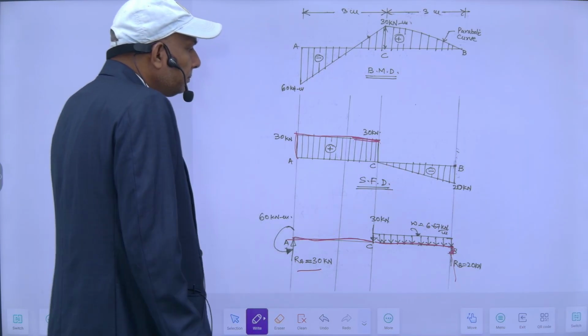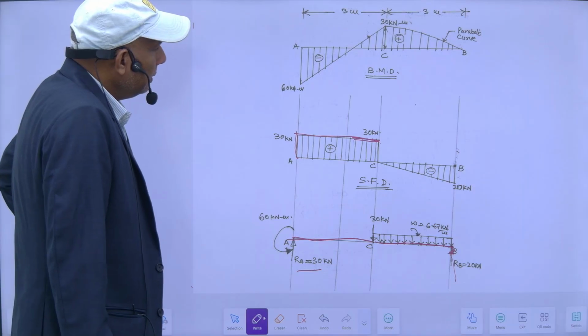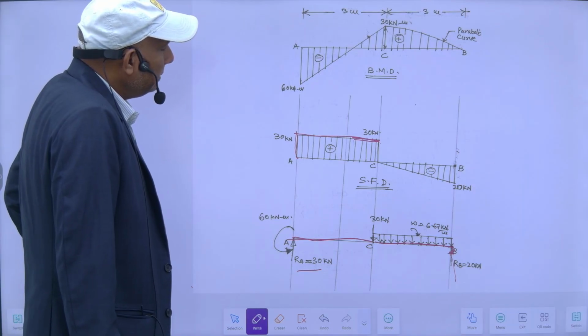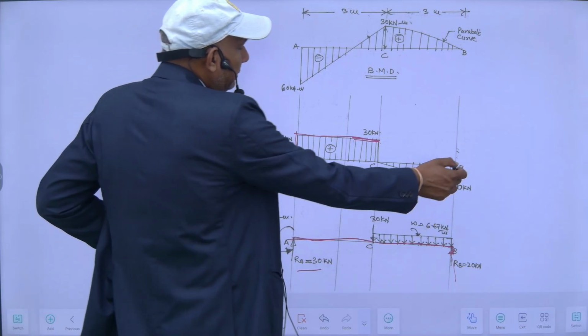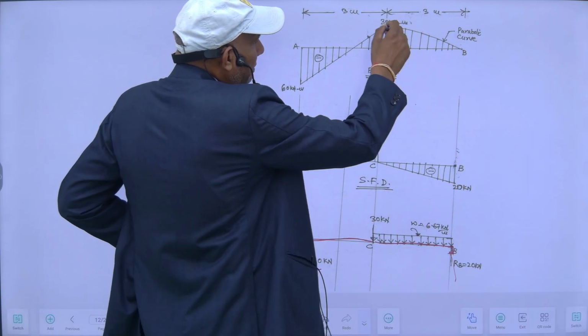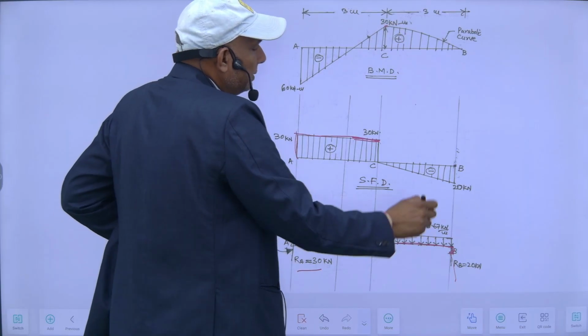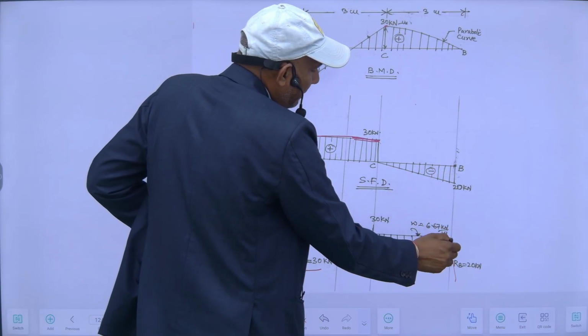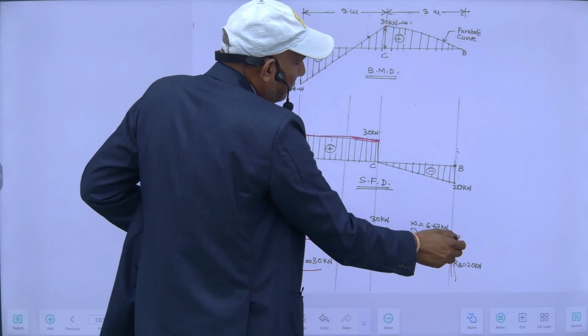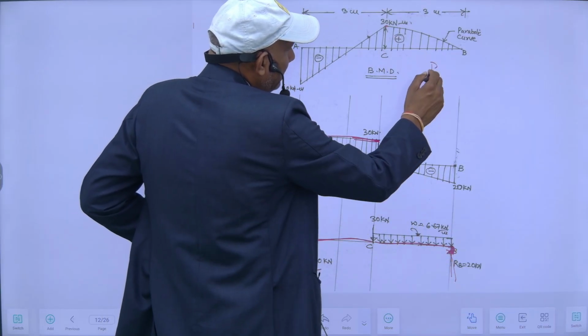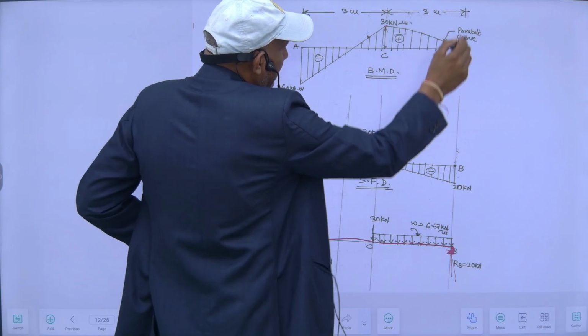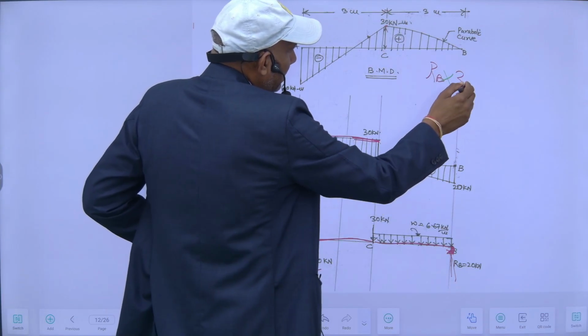And again, if I start from this end and I know the bending moment here is plus 30, there must be some reaction Rb. Taking moment from this side, it will be Rb into this distance, 3, and this will be sagging, minus.